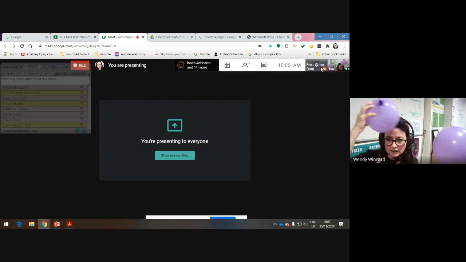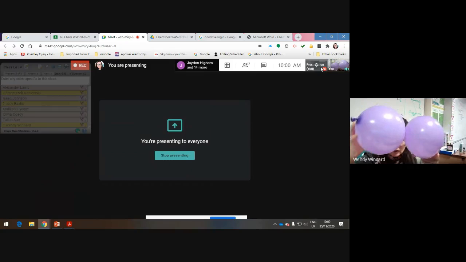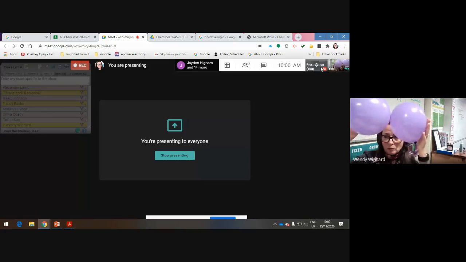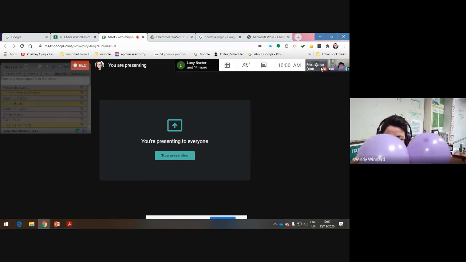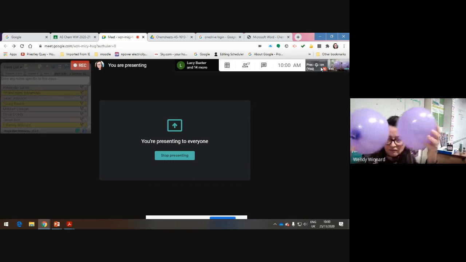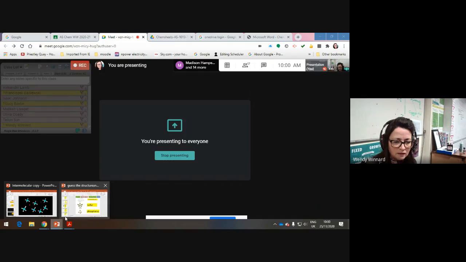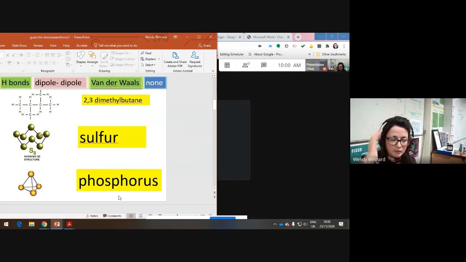But because there's so many electrons, as soon as they get close to each other, they will attract. Okay, so they're non-polar, but as one gets close to the other, you induce a dipole, so an instantaneous dipole, and you have van der Waals forces. How do we know it's non-polar? Because there is no difference in electronegativity between the atoms.